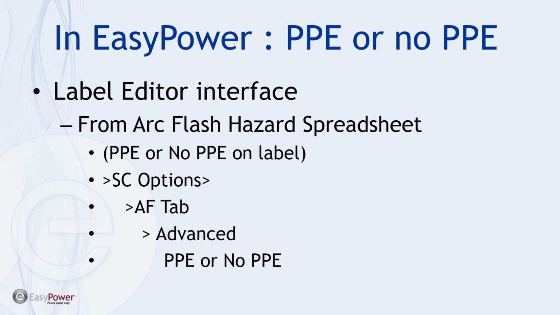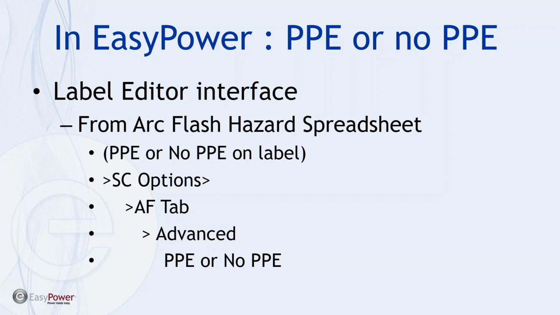Now in EasyPower, we do get the question, Jim, I understand that according to NFPA 70E, we're not supposed to put a PPE category on the label. Frequently, people will say, well, the customer still wants to have a PPE category on there, no matter what NFPA 70E states. So I'm just going to point this out as we get in the tool.